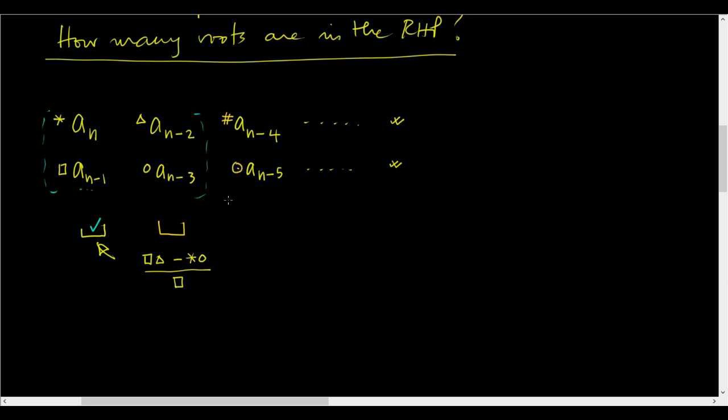So then what this number is, is square times hash minus star times circle with dot, divided by square. And what that means, I hope you realize, is that you make a 2 by 2 matrix with this one and this one, you take the negative of the determinant of that and divide by this one.